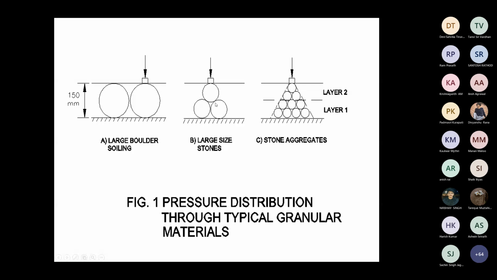The other thing is, in the case of flexible pavement, the load is transmitted to the lower layer in the shape of a truncated cone through the points of contact. Only through those points is the load transmitted to the lower layer. So if you have bigger aggregates, you have very few points of contact. If you have smaller aggregates, you have more points of contact and less void. So it is better to adopt smaller size aggregates for the construction of roads.